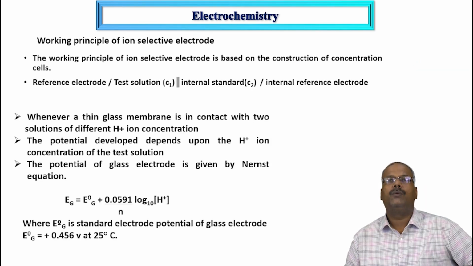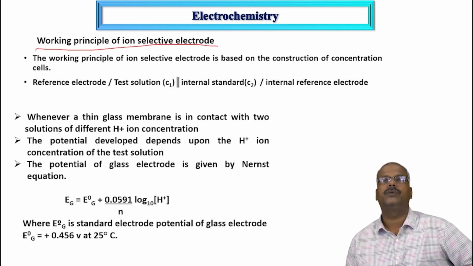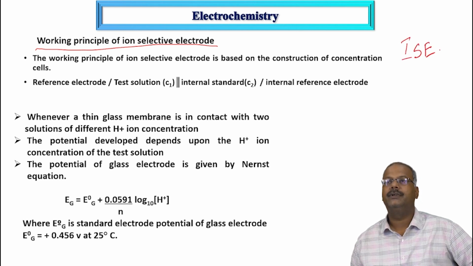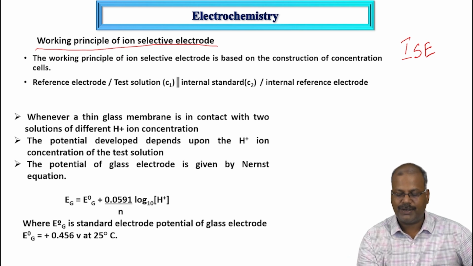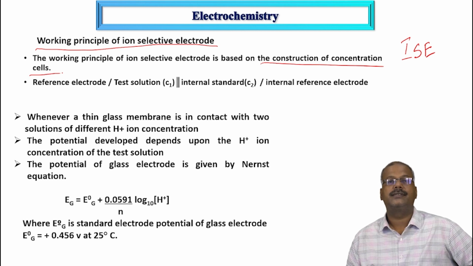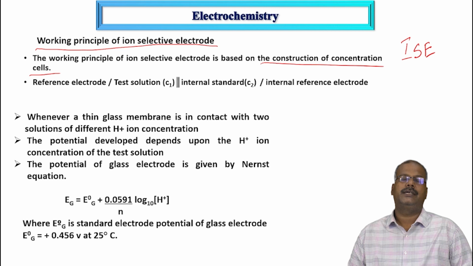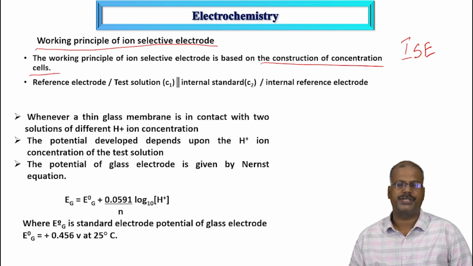Next, the working principle of ion selective electrode, ISE in short. What is the working principle of the ion selective electrode? We have already seen it is based on the construction of concentration cells. In a concentration cell, the electrodes are the same, both electrodes are same.